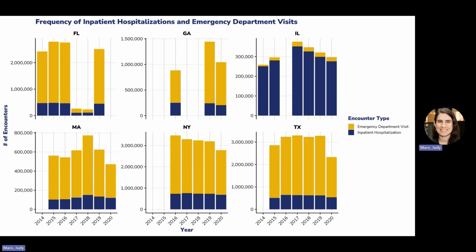I'm showing you 3 different jurisdictions at the top of the screen where we have concerns that there may be more inpatient hospitalizations than expected, and other jurisdictions shown at the bottom of the screen where we may have less concern. You can see in particular here that Illinois is quite a standout, where there are many more inpatient hospitalizations than emergency department visits. And so there's a concern about where the missing emergency department visits are.